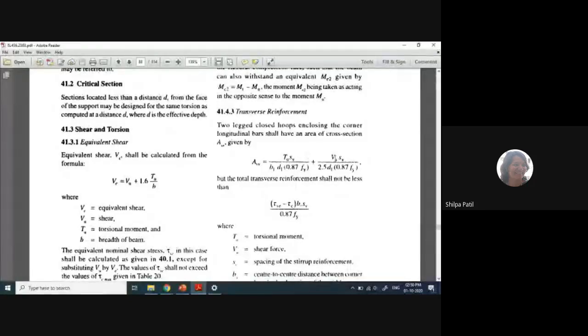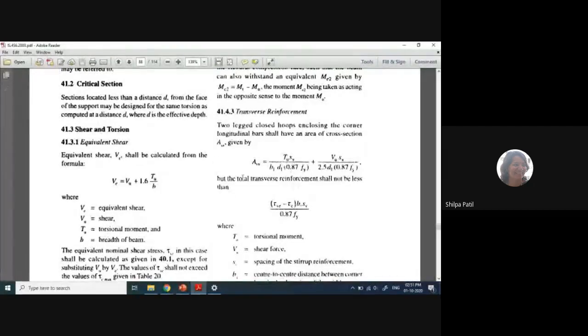If you consider this formula, which is given in clause number 41.4.3, in this formula we want to find out SV. So the same formula we can rewrite by putting SV on the left hand side and moving ASV to the right hand side. When we simplify this term, 0.87 Fy we will move above, so I will shift all this term to this side.